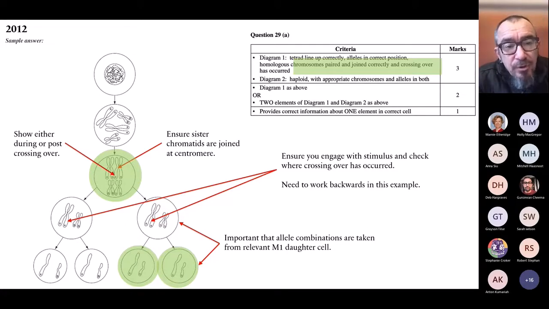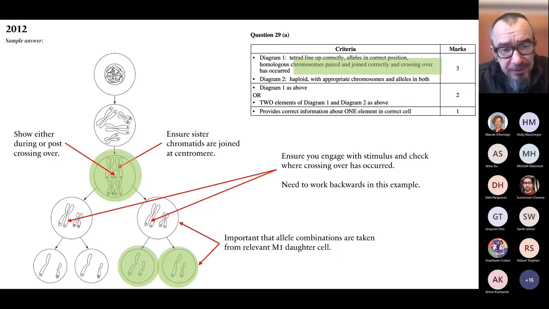And if you did not draw in this region that I'm circling, where the sister chromatids are joined at the centromere, if you're rushed and not the neatest of drawers and you had a bit of a space between those sister chromatids, you instantly lost 1 mark, because it demonstrates to the marker that you don't have an understanding of sister chromatids being joined before they then cross over.